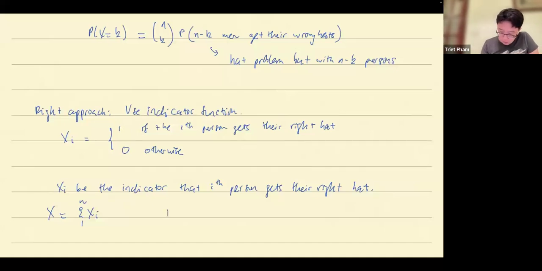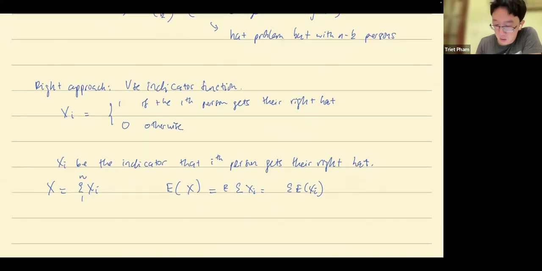The benefit is, first of all, the expectation of x is the expectation of the sum, which is the sum of the expectations. Now, each xi is a Bernoulli random variable. So in other words, this should be very easy to calculate. Let's see if we can do that.